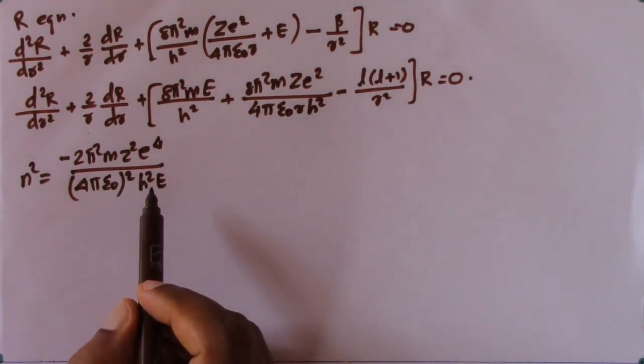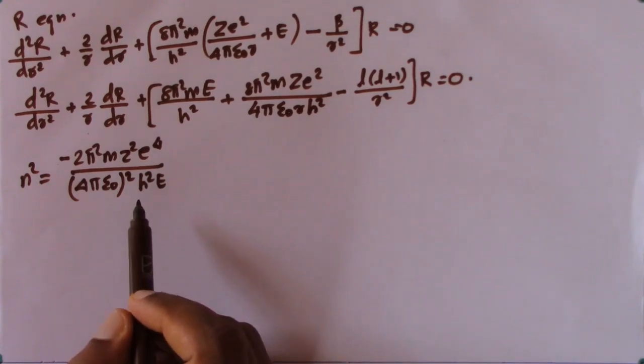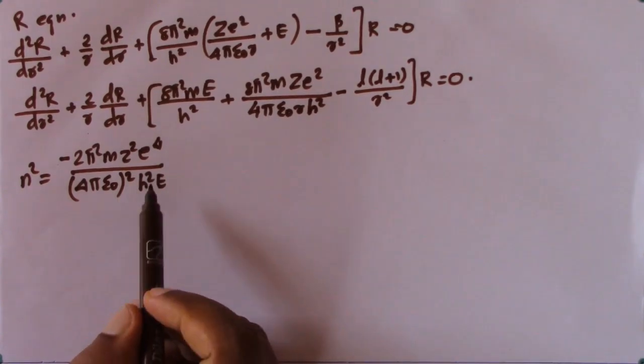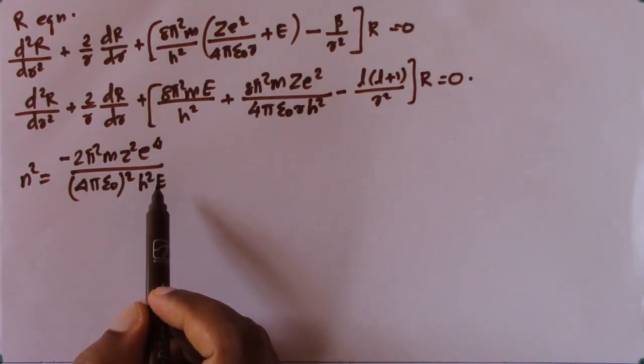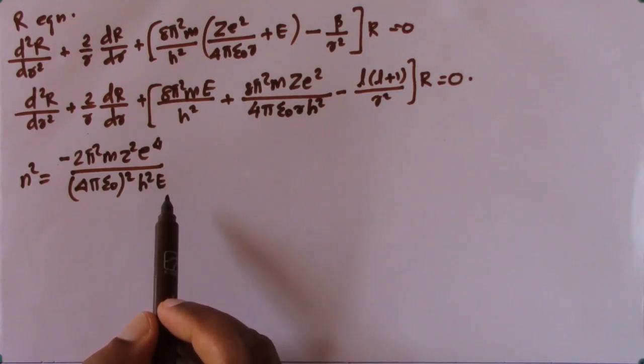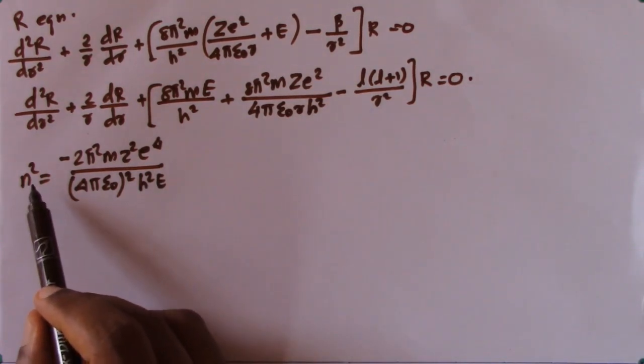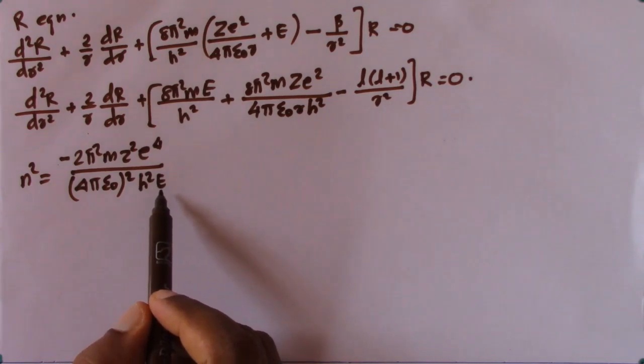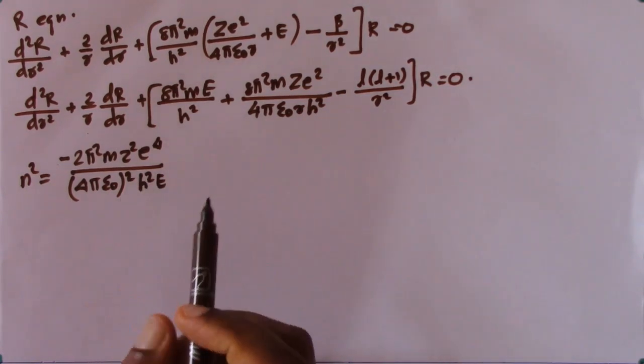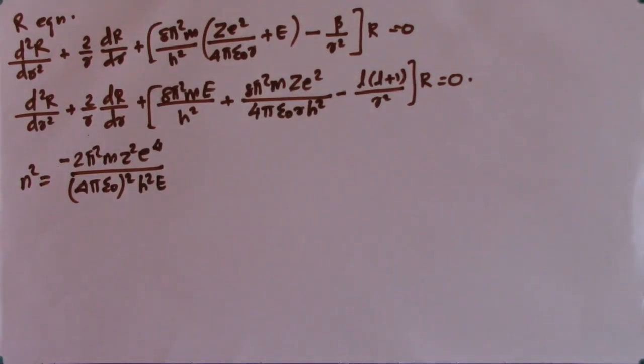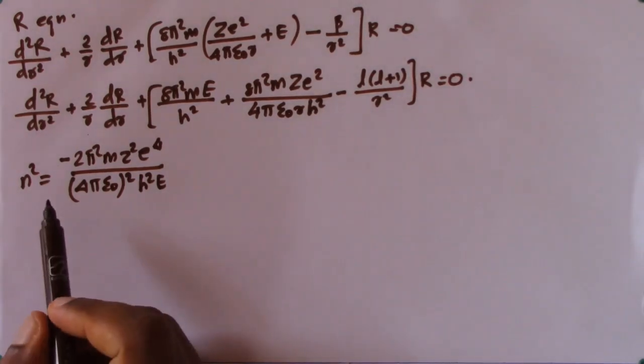But the only thing which can vary is the energy. So n square or n depends upon the energy of the electron. This is an important substitution.